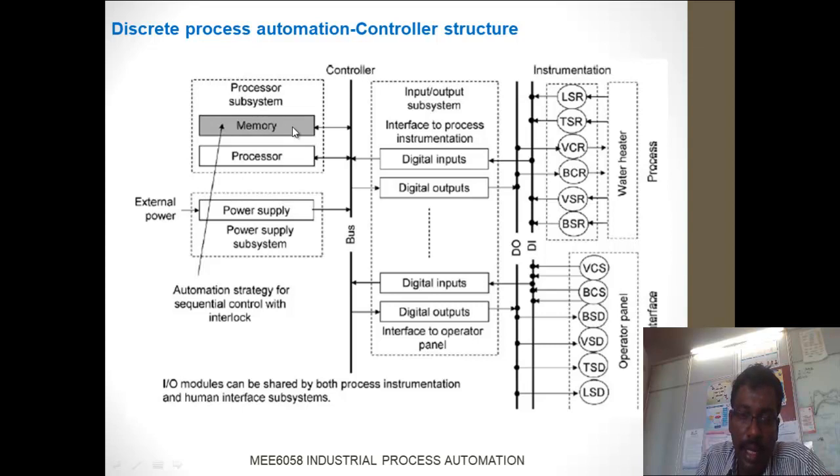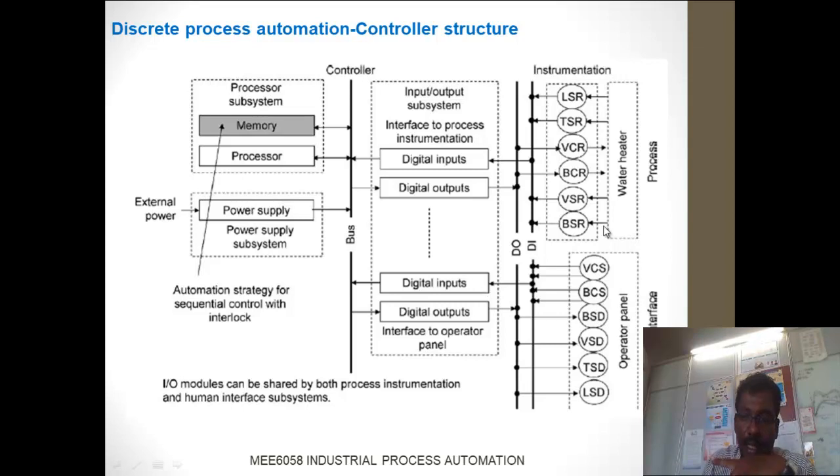If it's not okay, it transfers the data to the digital outputs to control the system, and parallelly it transfers the same data to the human systems through these devices. This is the instrumentation subsystem. These are the devices to analyze the status of the process.